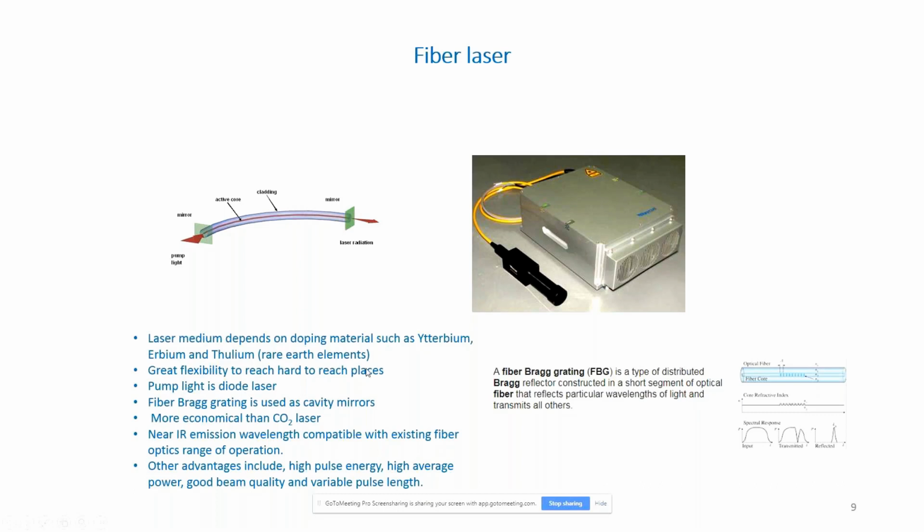These are all rare earth elements that are mixed in the material of the fiber. And instead of having mirrors on either side, you have this thing called fiber Bragg gratings. So these gratings are scribed inside the core, and they reflect only a certain wavelength. So the radiation goes back and forth, gets reflected and gets amplified.